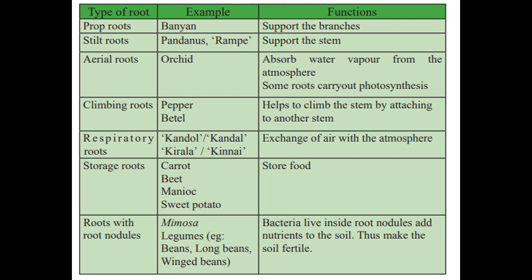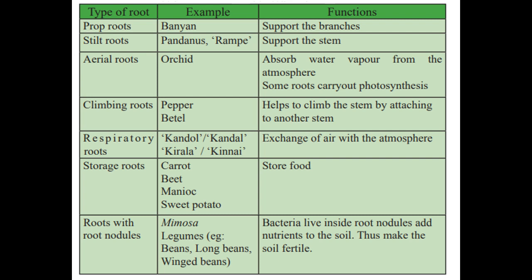Right, children? So I hope it's very clear. When it comes to roots, there are two main types of roots, taproot system and fibrous root system, but we can't see them, and there are main functions of roots. But apart from those taproot system and fibrous root system, there are some other special roots as well that have special functions, right?